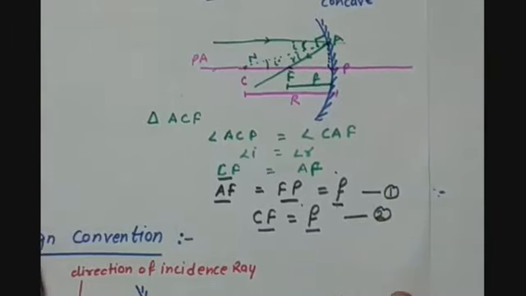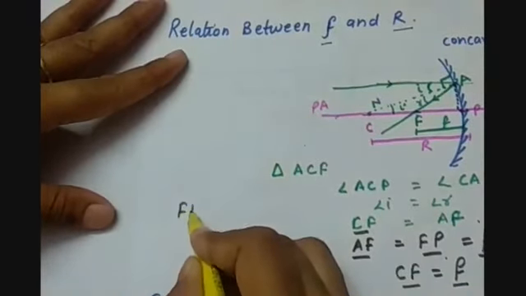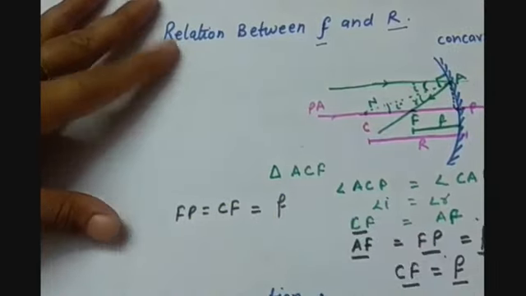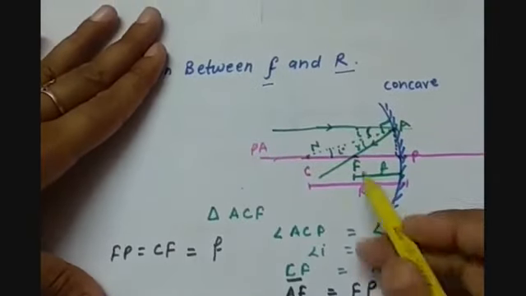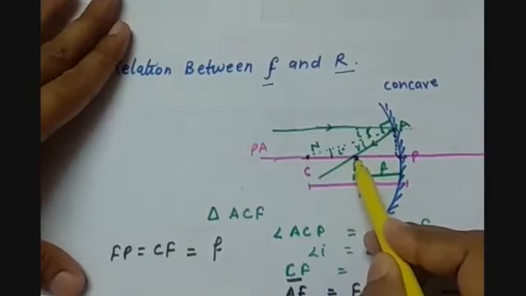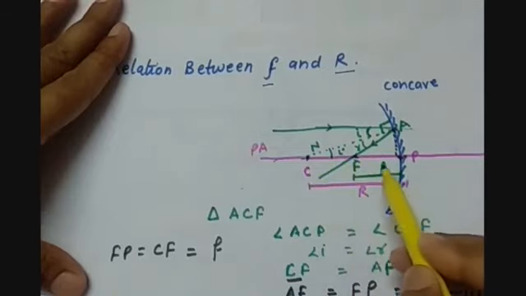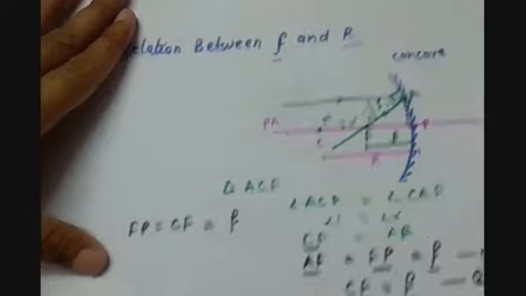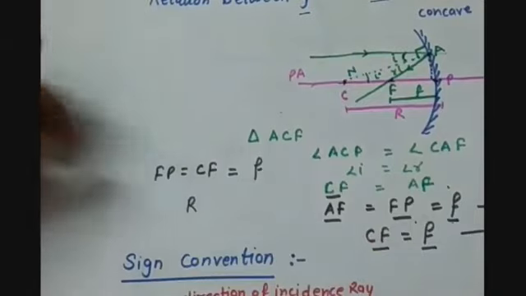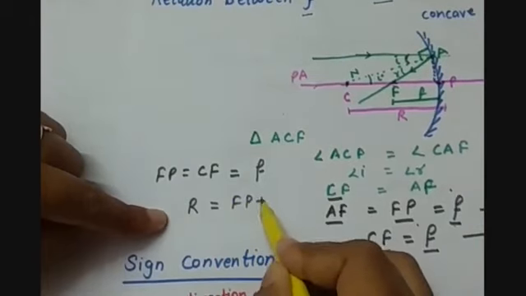Now these two equations are showing that FP is equal to CF and they both are equal to F. Here you can understand that this F point, or the focal point, is dividing this CP into two half portions. And what is CP? CP is R. So R can be written as FP plus CF.